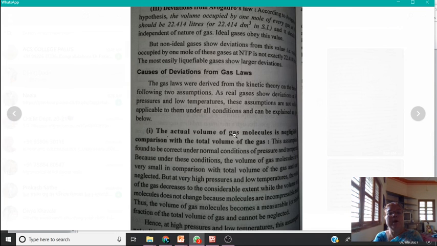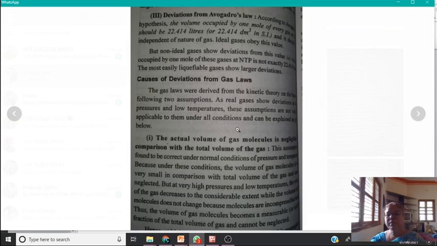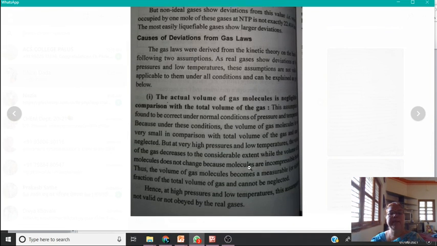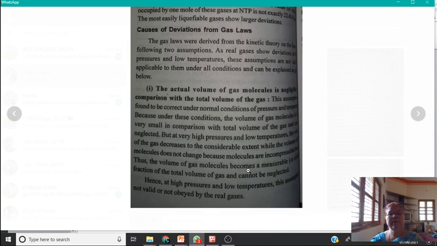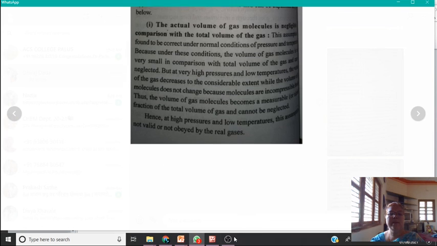These two are the main reasons behind real gases showing deviations from the ideal law. In detail we will see the causes of deviations from gas laws, and we will derive the real gas equation or van der Waals gas equation next time.